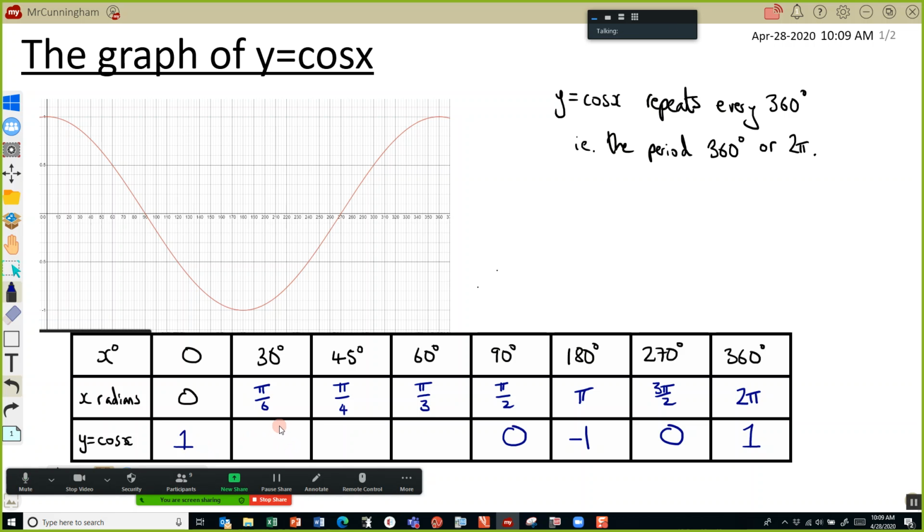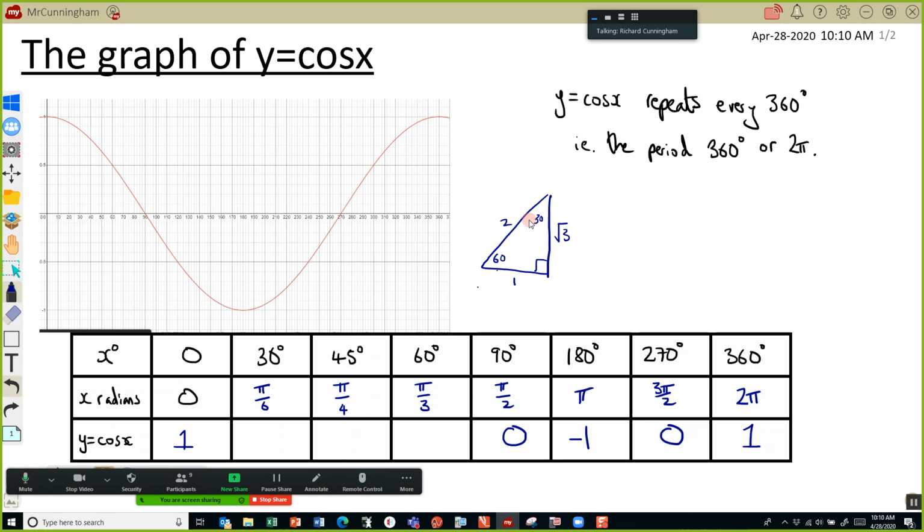Marco, cos of 30. Well, you won't be able to read it off the graph, because it's not going to be a nice value. How do you work out cos of 30? Yeah, your little triangle. 1, 2, root 3.